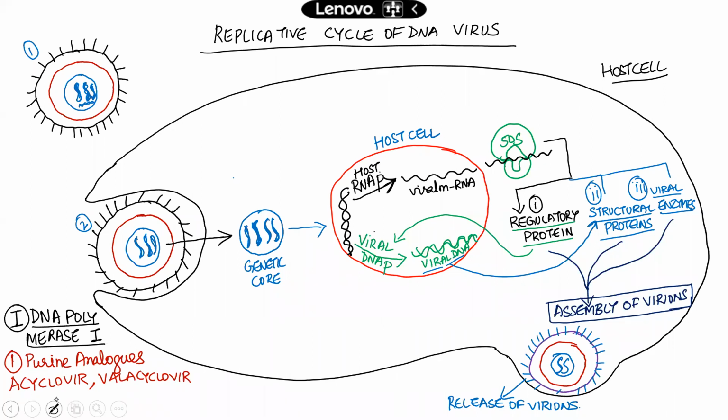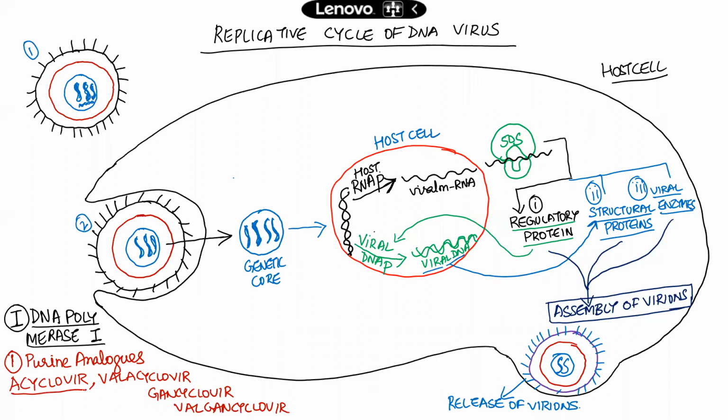Then you have got ganciclovir. And then you have got valganciclovir, and there are a few more. So if you want to take a look at the extra drugs, feel free, be my guest, open up your textbook and see.